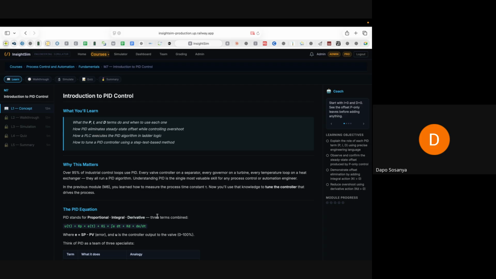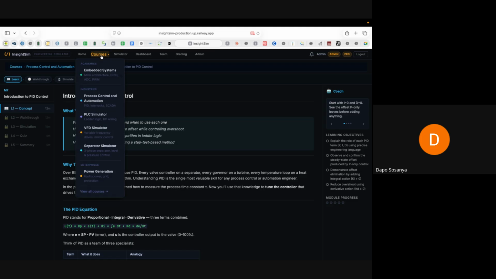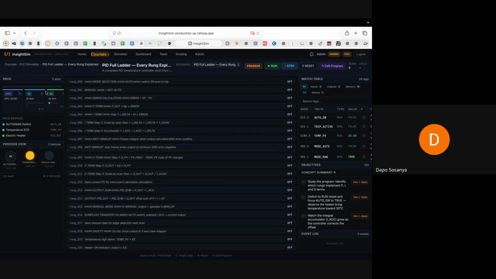So this is the module. I will introduce it maybe later, the practical, the implementation of a full PLC ladder for PID. It's on the platform also.